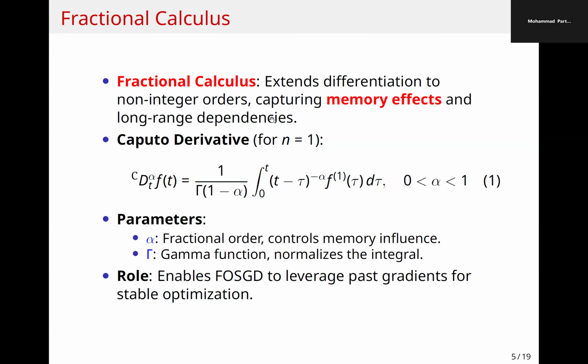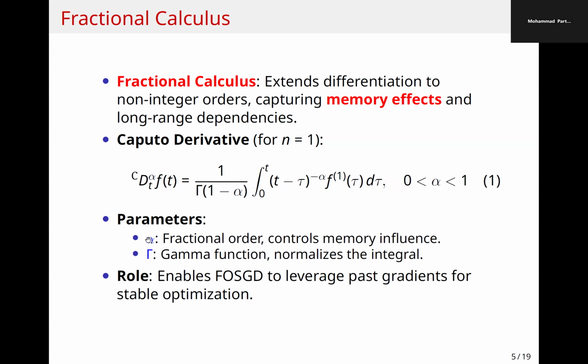We consider the fractional derivative of the Caputo type with n equal to 1. When n is equal to 1, we have this definition, inside the integral of which we have the first order derivative of the given function. Also, alpha is between 0 and 1.